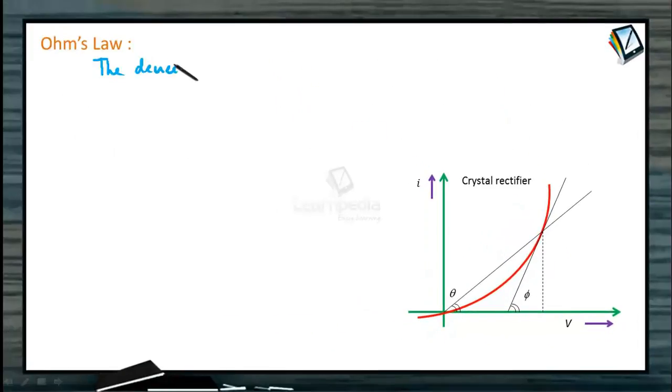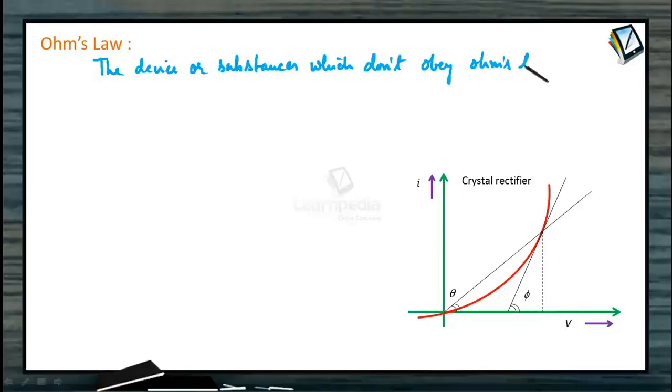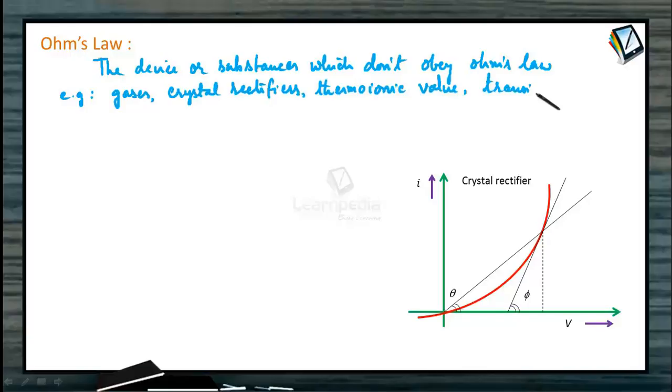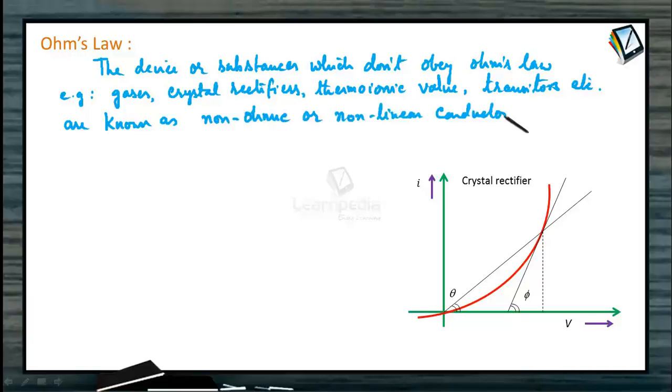The devices or substances which don't obey Ohm's law, for example gases, crystal rectifiers, thermionic valves, transistors, etc., are known as non-ohmic or non-linear conductors.